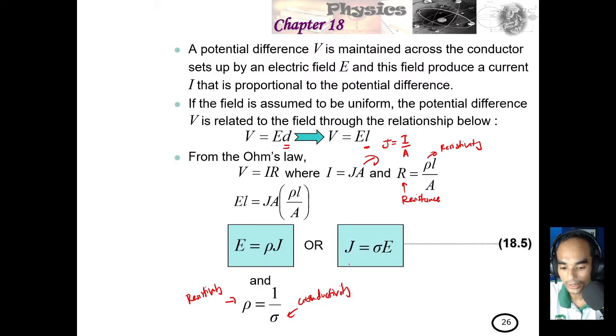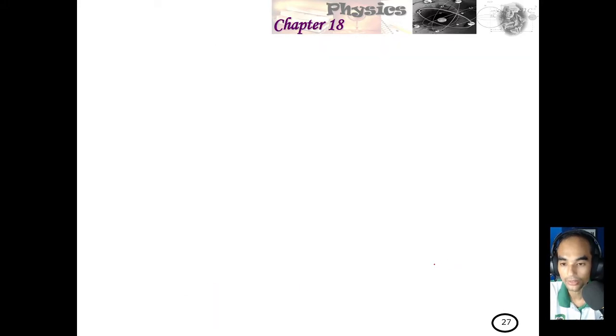Or we can say that J equals sigma E, which is equivalent to V equals IR.